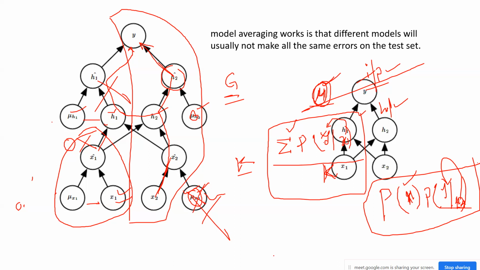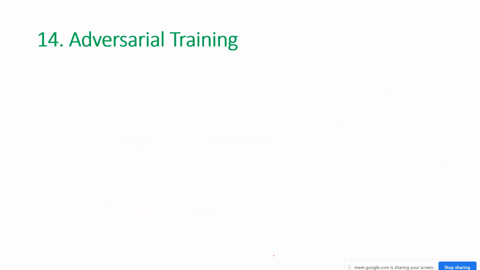This is one of the major things we are doing here, and then comes another training model, that is the adversarial training model. What does this adversarial training model indicate? This is one of the models developed based on the human mind, human perception.